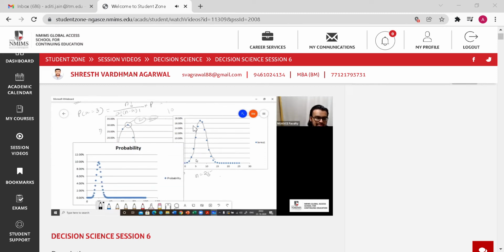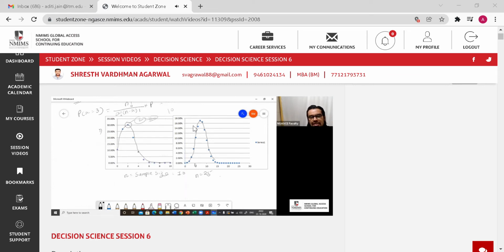This looks much better. So based on this kind of behavior of the probabilities in case of binomial, scientists found out that as you increase the sample size, the curve will look like a normal. Gradually, the curve will become normal.